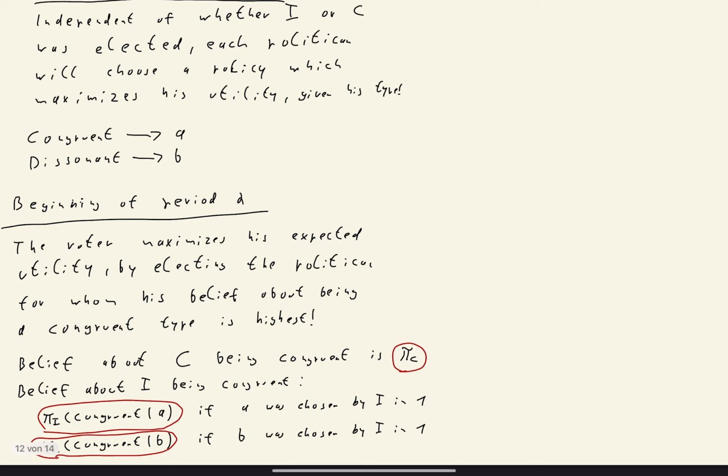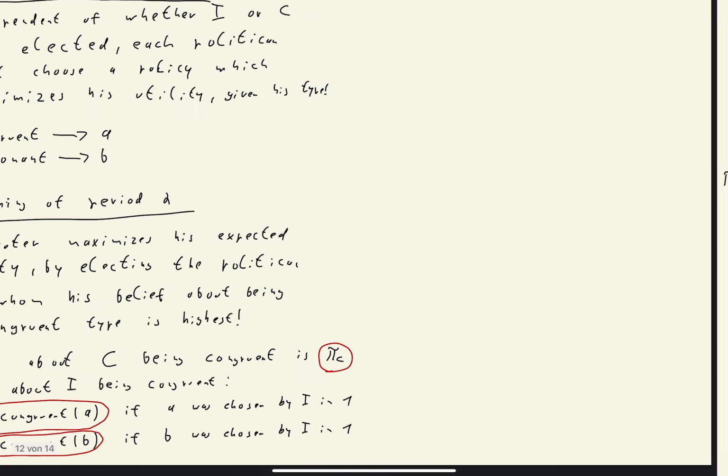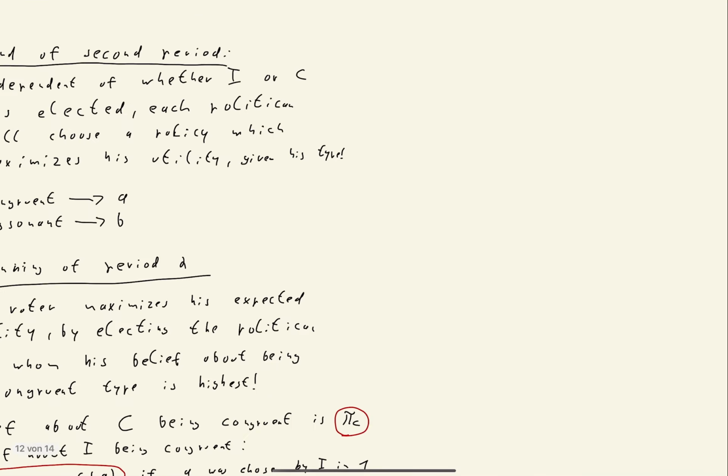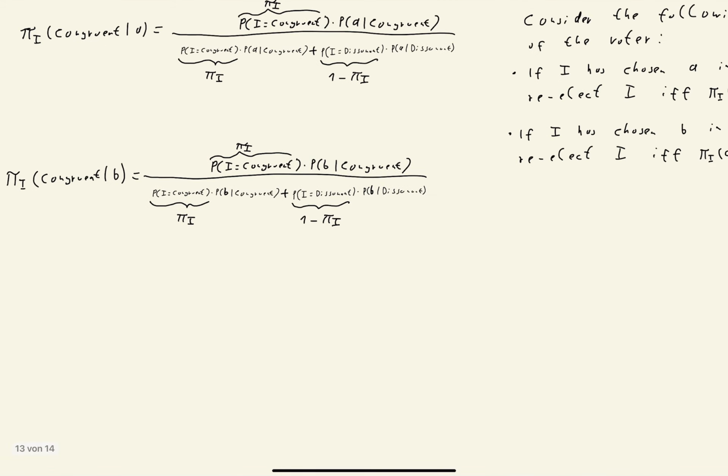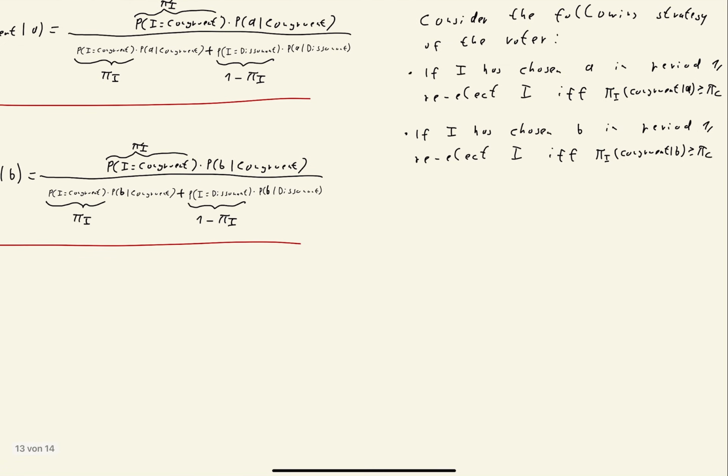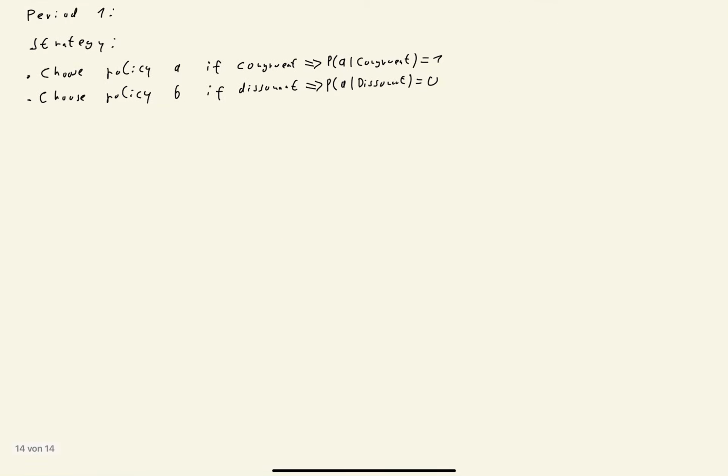Then in the beginning of period 2, we have the behavior of the voter in forming his beliefs according to what I showed you here, and the following strategy: re-electing the incumbent if he has chosen A in period 1 only if his belief about him being of a congruent type is larger than the belief about the challenger of being of a congruent type, and the same if he has chosen B. And finally, this is the strategy of the incumbent.